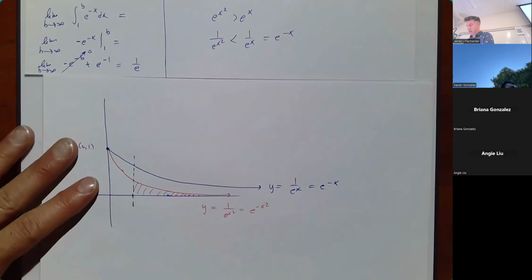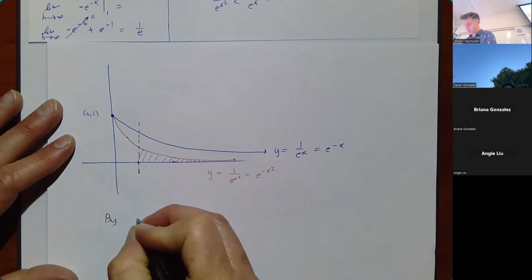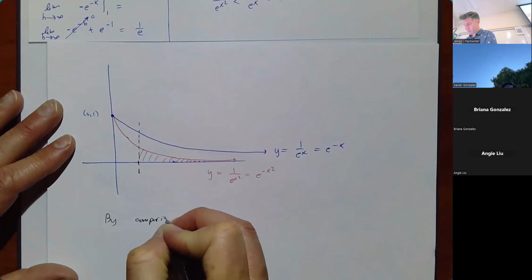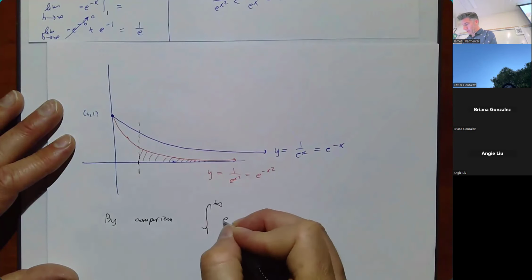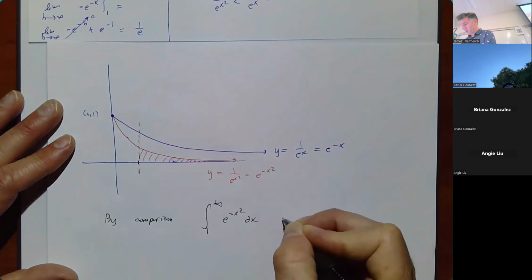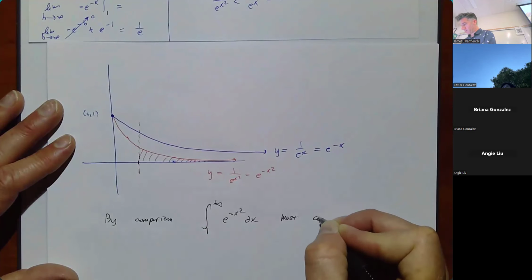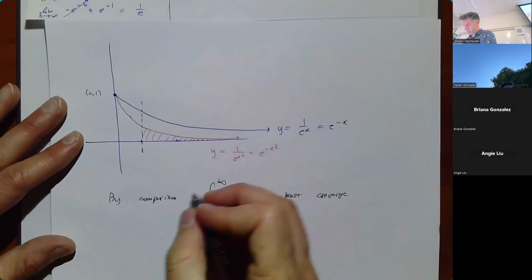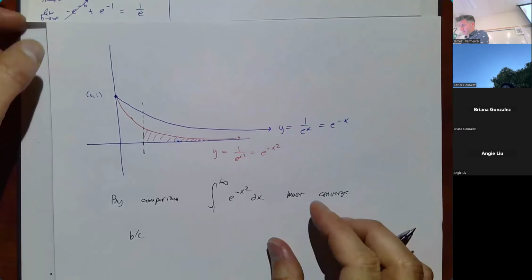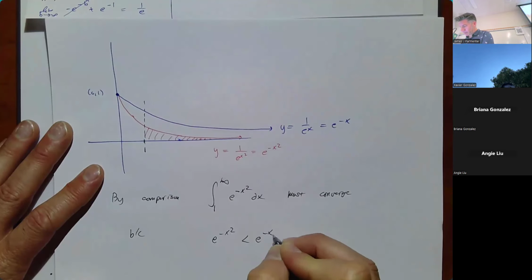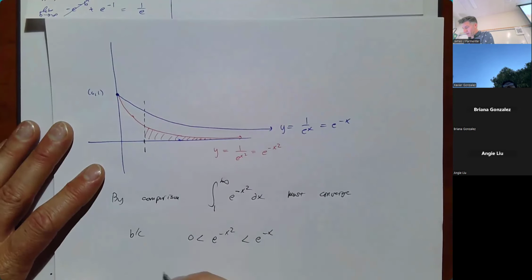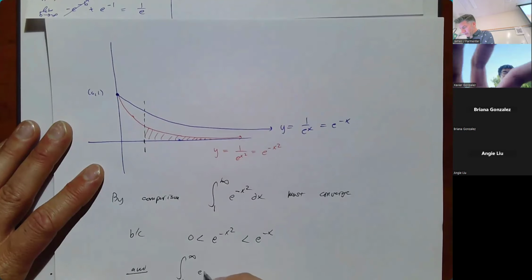So we can say that by comparison, the integral from 1 to infinity of e to the negative x squared dx must converge, because the function e to the negative x squared is less than e to the negative x and still positive, and the integral from 1 to infinity of e to the negative x is indeed convergent.